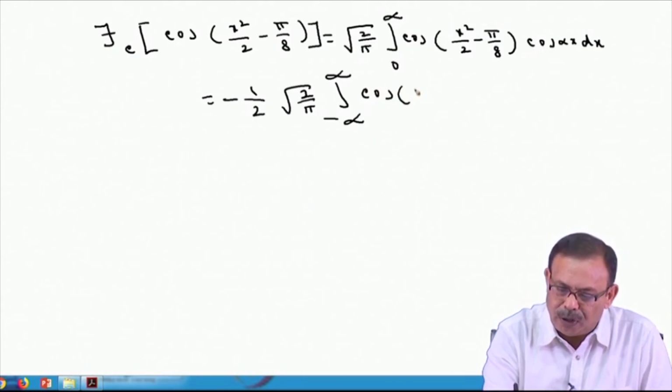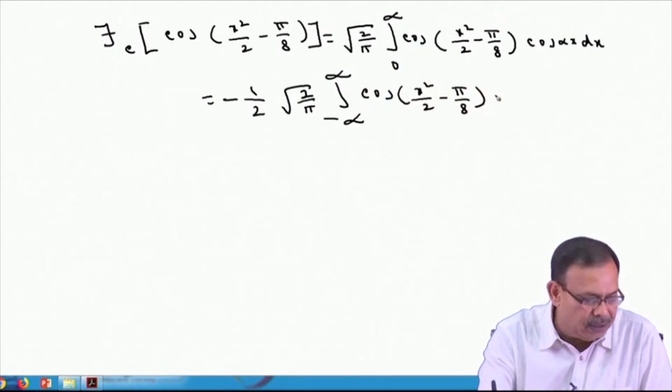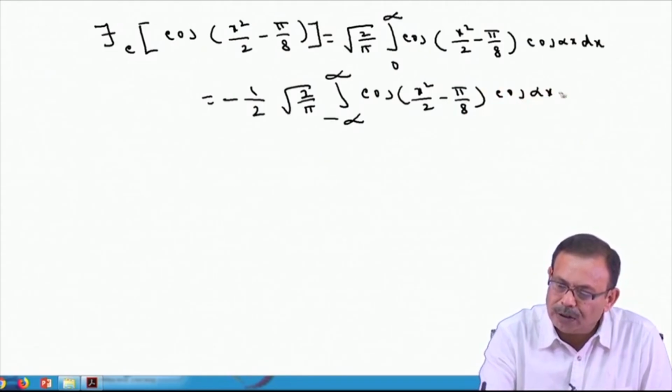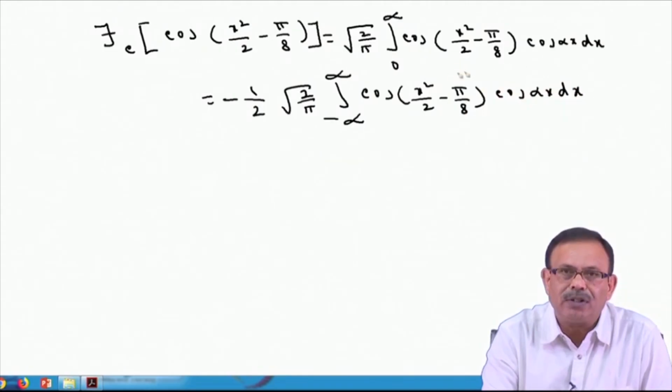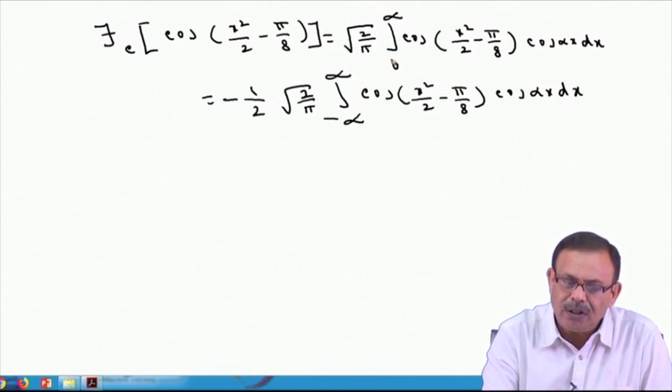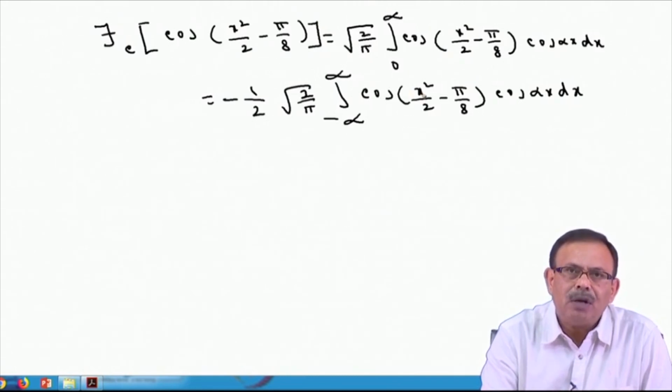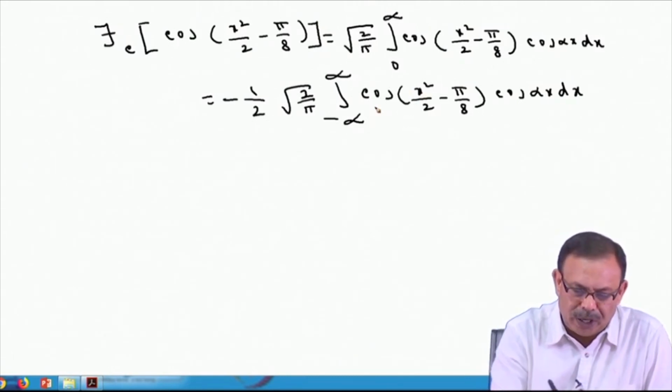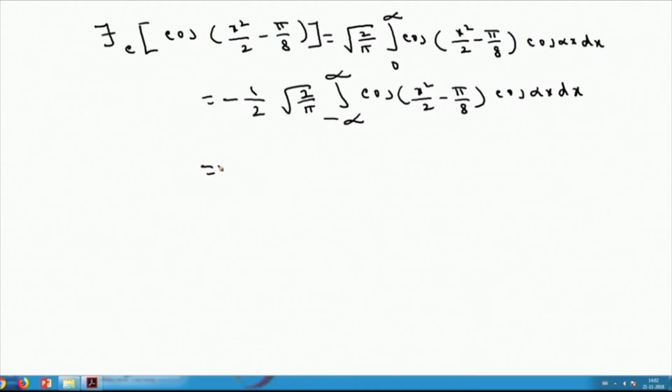So this equals cos of x square by 2 minus pi by 8 into cos of alpha x dx, with the limit changed from 0 to infinity to minus infinity to infinity, and the plus sign will be there.